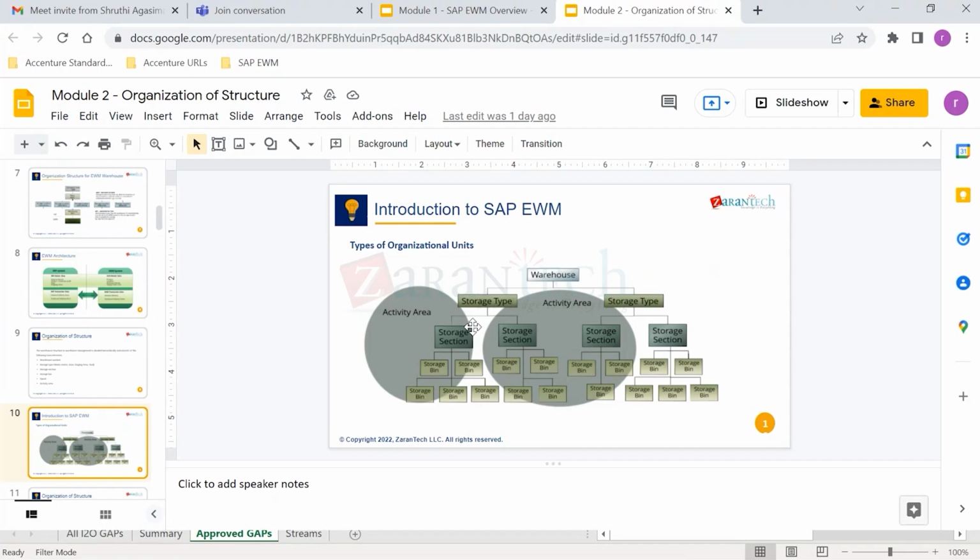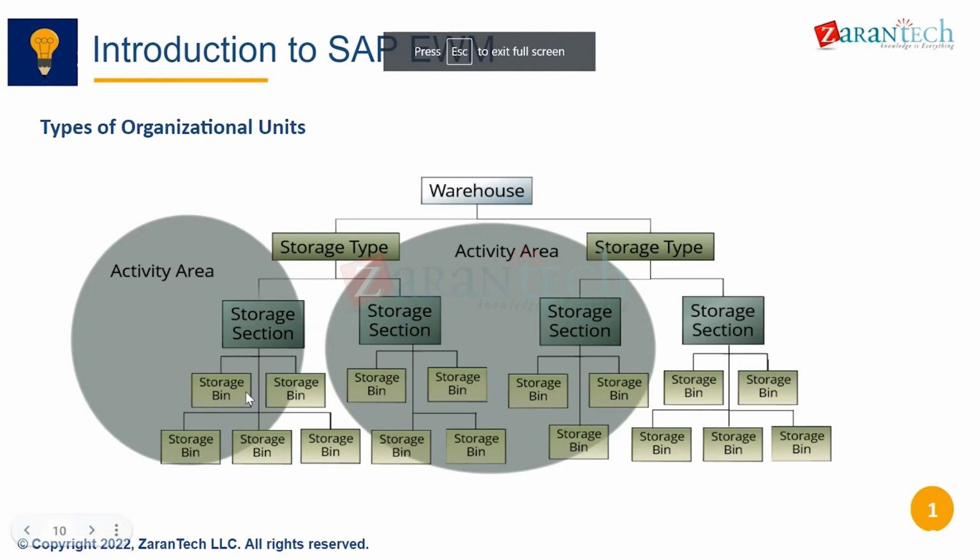And then you'll have the entity called storage bin. In the storage bin, this is where you physically put the stock in a proper manner. In the storage type you can have storage sections, but that is not mandatory.